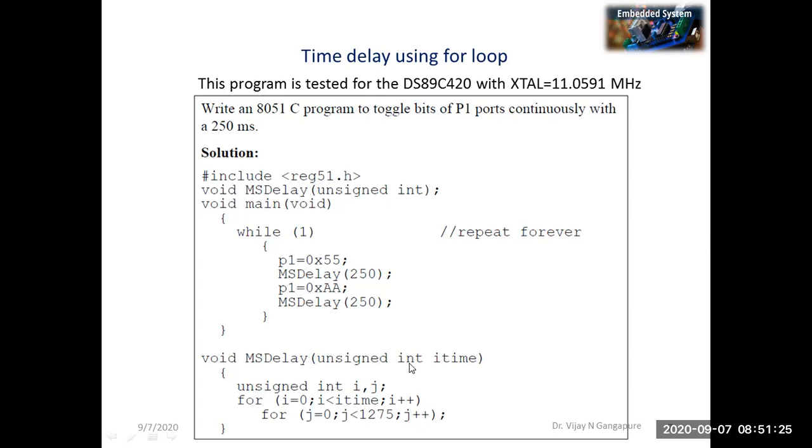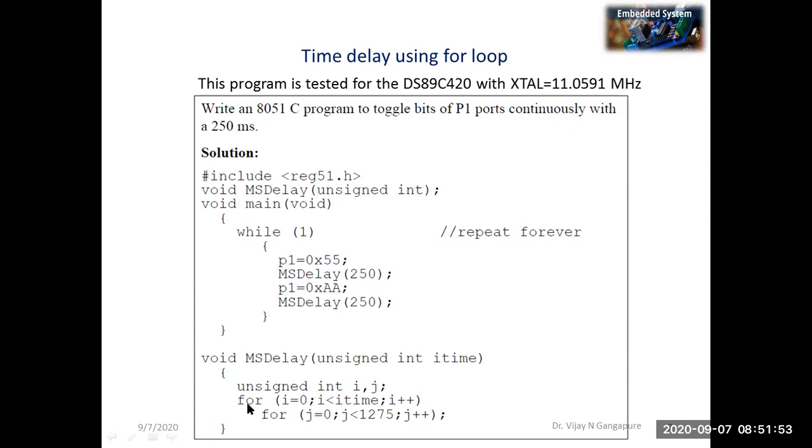Whatever program is inside this ms delay function will be executed. The first statement is unsigned int i, j; this is the declaration statement of two variables i and j of unsigned integer type.